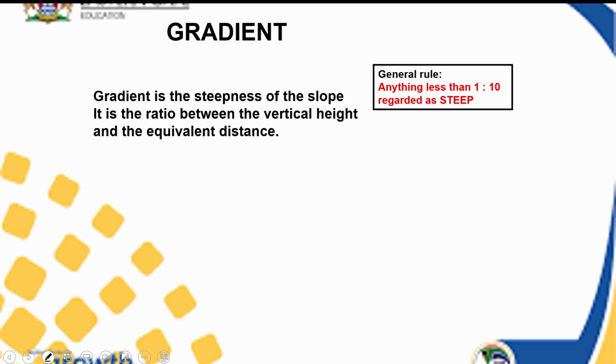Now, let's first try to explain what a gradient is. A gradient is the steepness of the slope, how steep the slope is as you are moving up the vertical height. It means that it is the ratio between the vertical height and the equivalent distance. Now, we are looking at that feature.